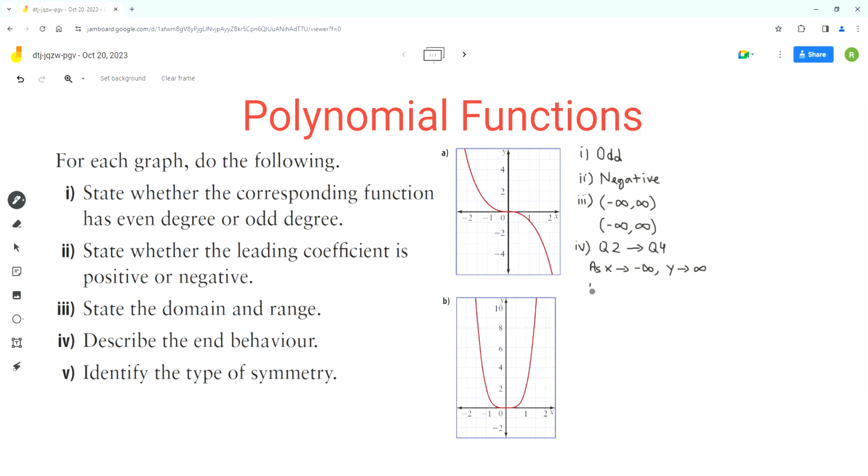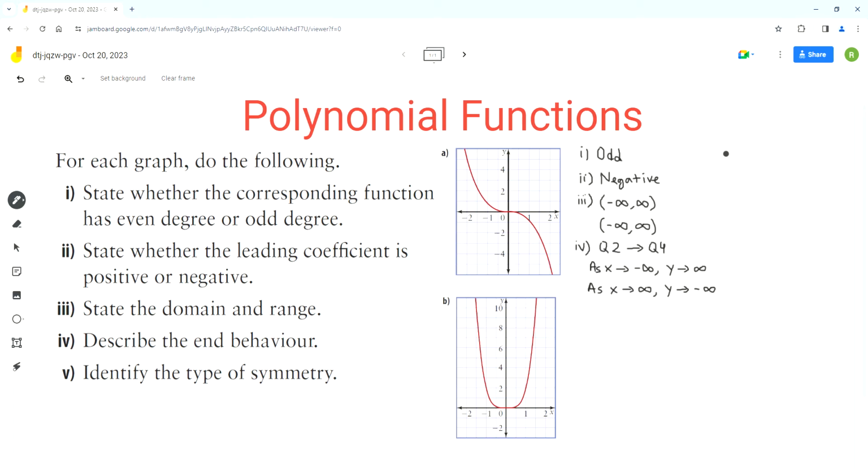Now on the right side, as x approaches positive infinity, the graph keeps going down. So y approaches negative infinity. That's the end behavior in terms of the x and y values.